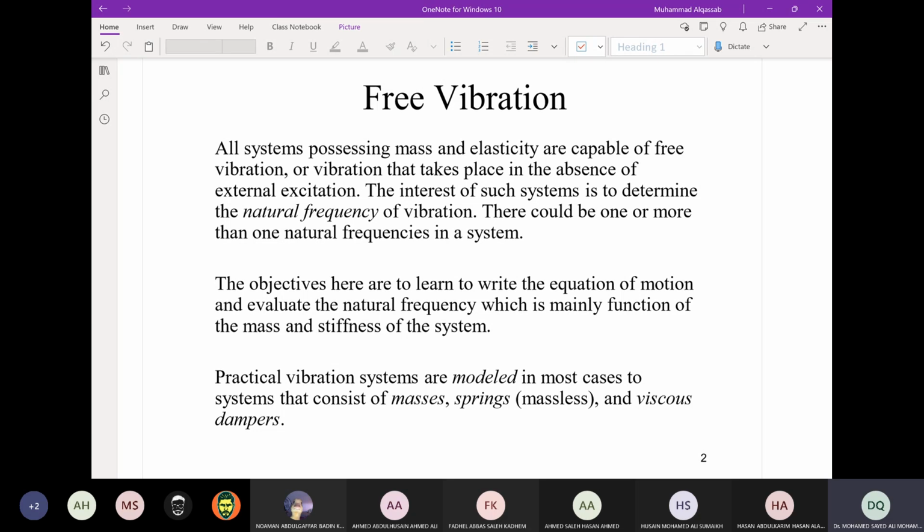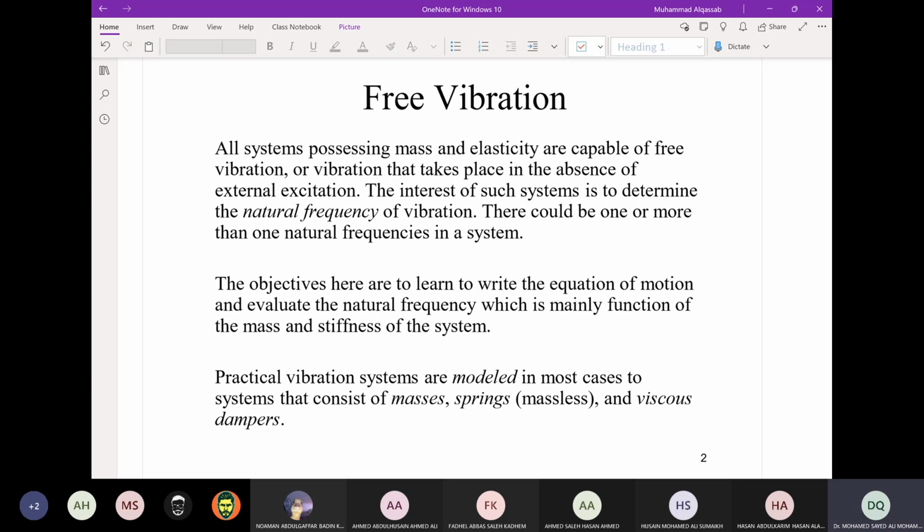So we will write the equation of motion, which is an ordinary differential equation, and then I will tell you how the natural frequency can be obtained. For a spring mass system, the natural frequency will be a function of K and M, and we call the system a translational system.